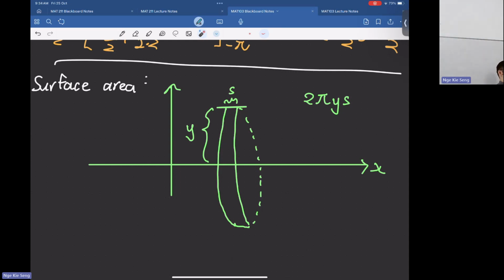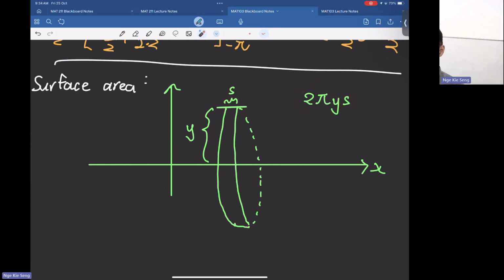Actually, it is built out of a bunch of circles. You really combine all the circles together. Does it make sense? So you have 2 pi radius times x.